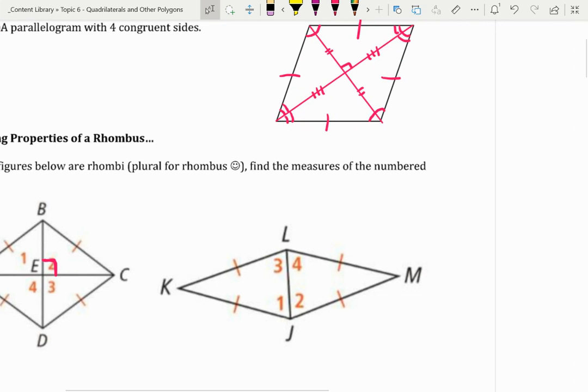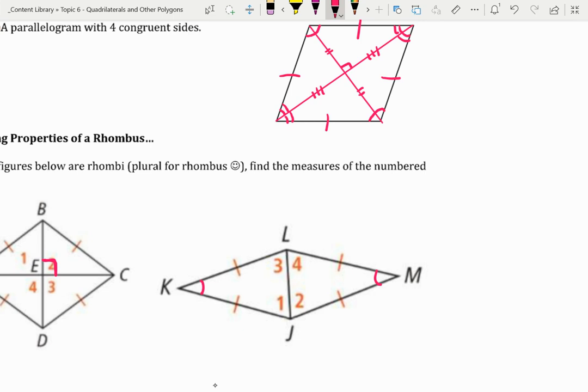In the next one, we can look at this. This is still a rhombus. Those opposite angles are congruent. So this one is congruent to this one, and this one is congruent to this one. But remember, they are bisected.